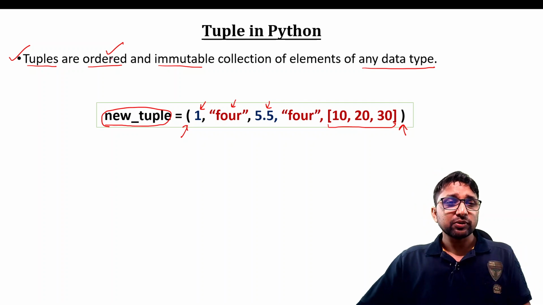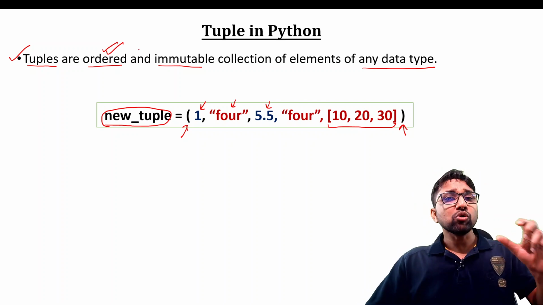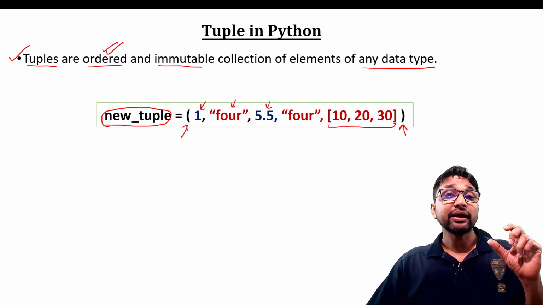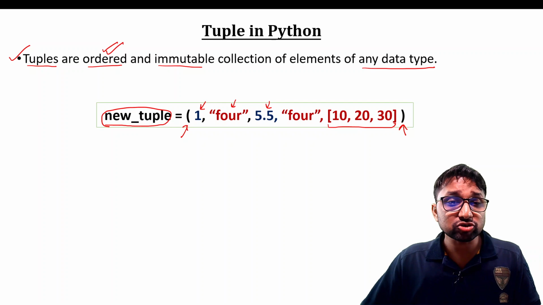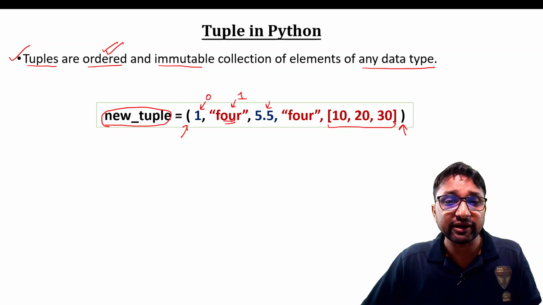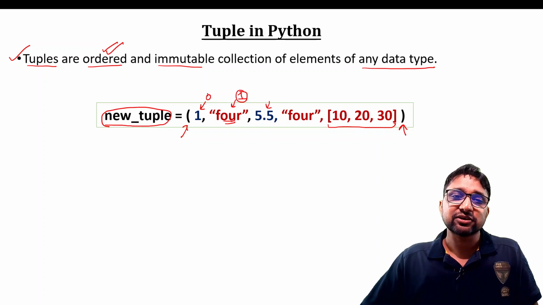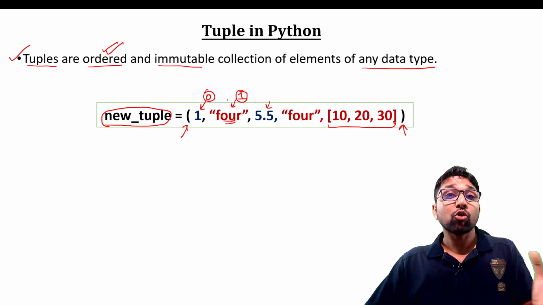Because tuples are ordered, you can access the elements from the tuple by indexing, like if you stored 1 at the 0th index and this element at the 1st index, then you can access it anytime by its index, because tuples are ordered.